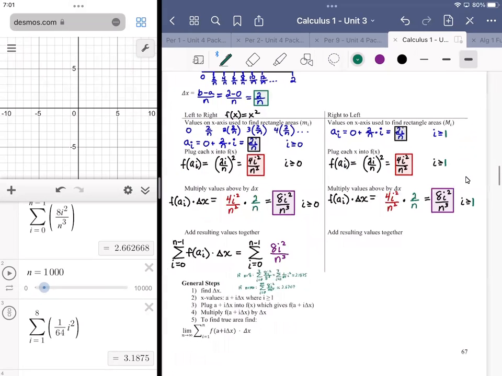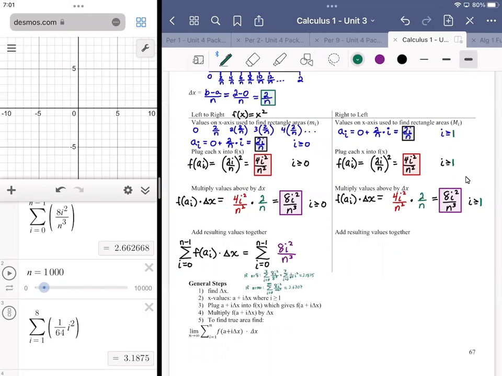So when we develop our summation, we can go from 1 to the nth value and say that we have the sum from I equals 1 to n of f of a sub I times delta x, which is going to amount to the sum from I equals 1 to n of, really, again, the same expression.